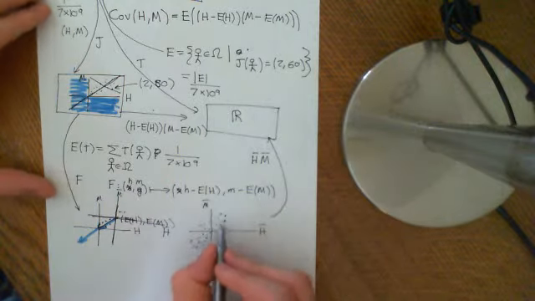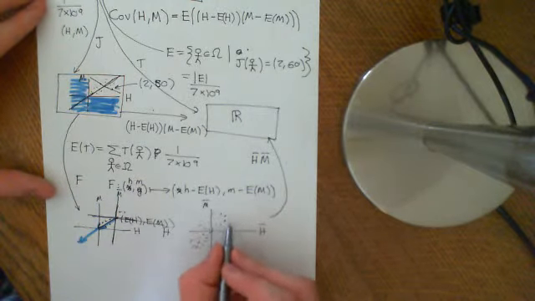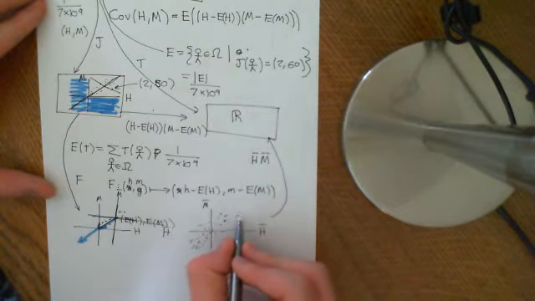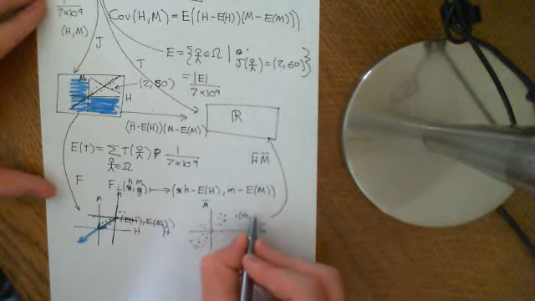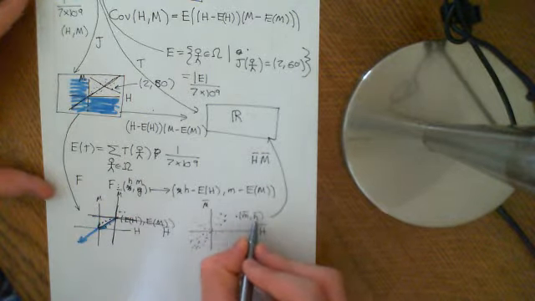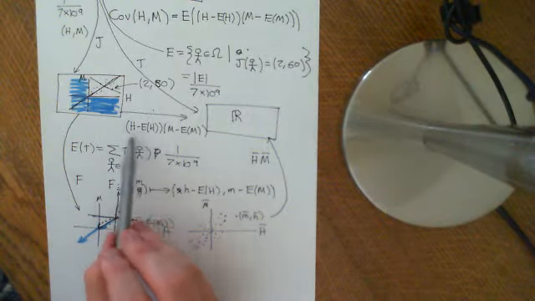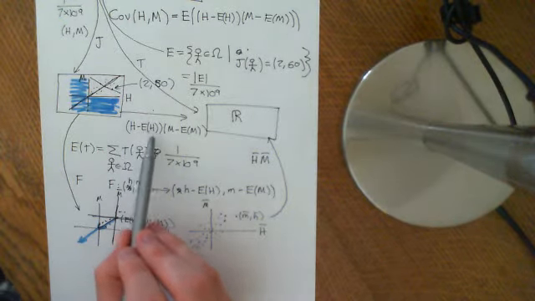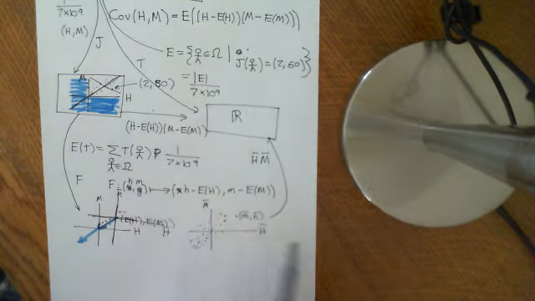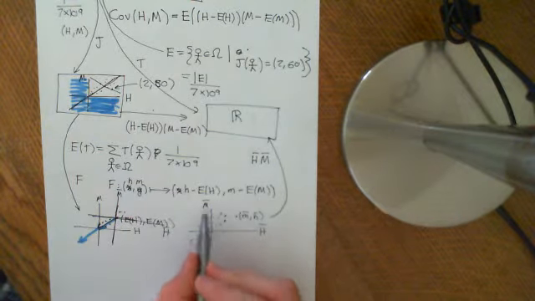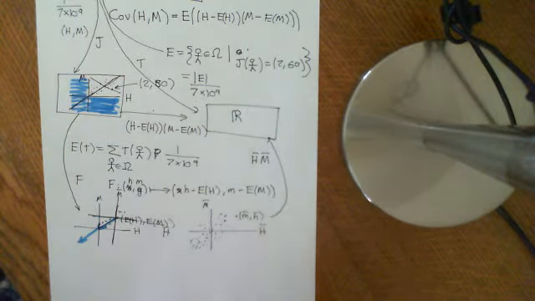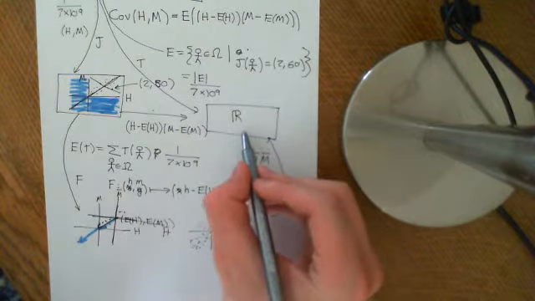So you're just going to times each of these. If you take a point in here, you're just going to take its, let's say, little m bar value and little h bar value, and you'll just times them together. So there won't be any of this subtracting off the expected value of h and the expected value of m business. You'll just take them in what they are relative to this coordinate system, and you'll times them together to get your value of t.